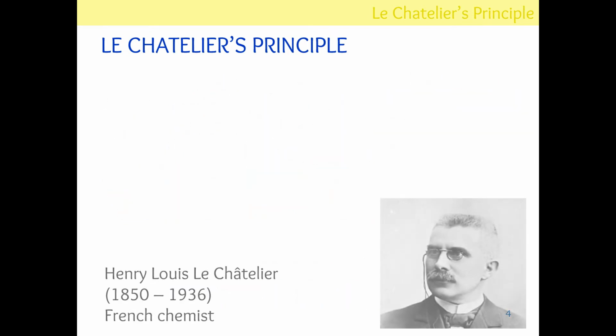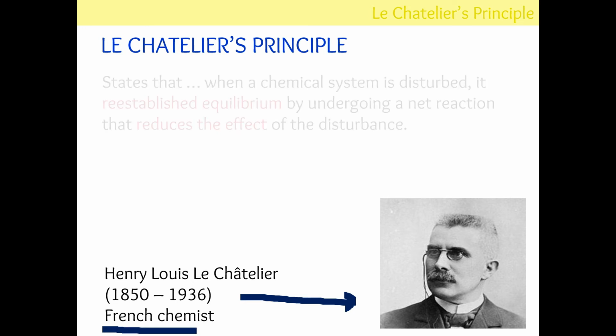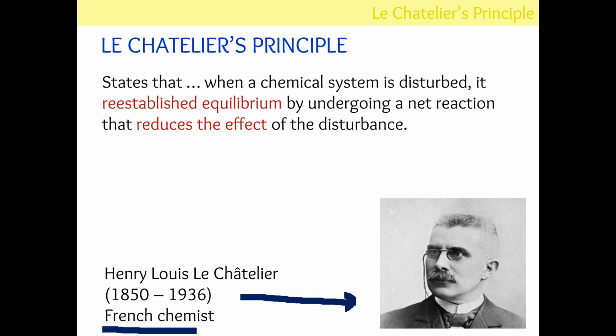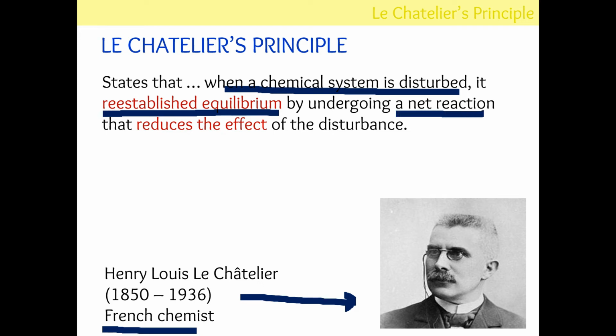So, the Le Chatelier principle was formulated by Henri Louis Le Chatelier, a French chemist. It states that when a chemical system is disturbed, it re-establishes equilibrium by undergoing a net reaction that reduces the effect of the disturbance.